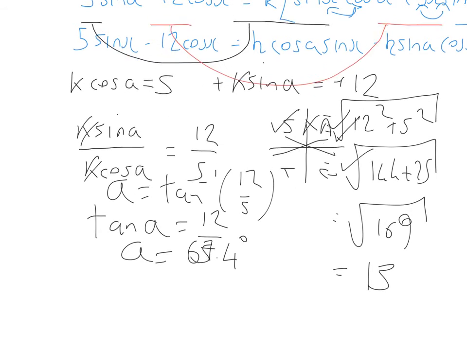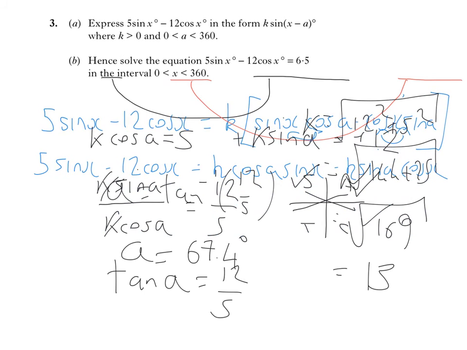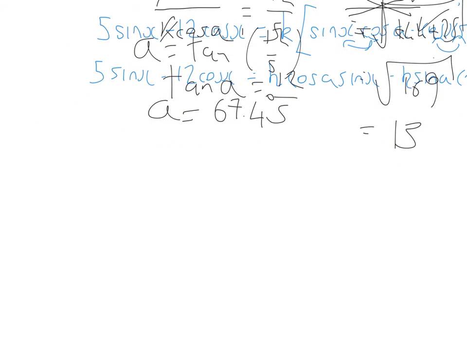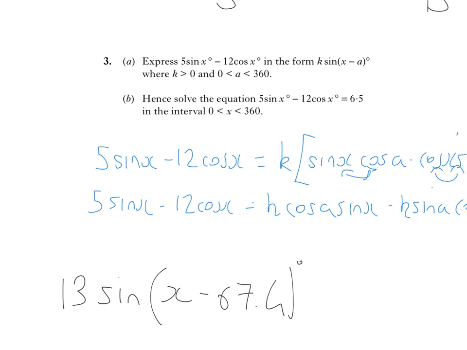So my wave function then is, I have to write it in the form k sin (x minus a). So pretty straightforward at this point. And that will be 13 sin (x minus 67.4), and that's part A. Part B says, hence solve the equation 5 sin x minus 12 cos x is equal to 6.5.